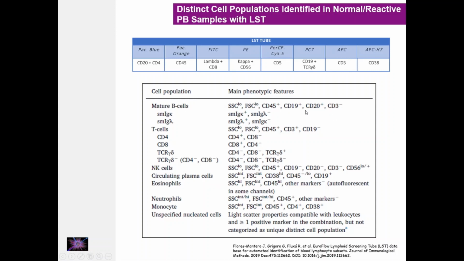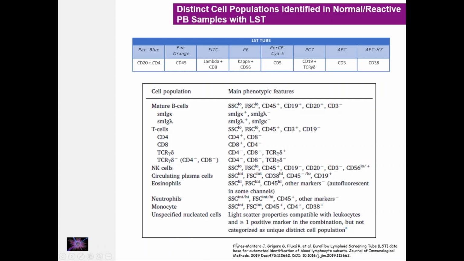Here in this table you can see how the major populations, both lymphoid and myeloid populations, were identified using this panel, and I would just like to call your attention to this designation unspecified nucleated cells that are in fact the basophils and dendritic cells that are not identified as isolated populations.